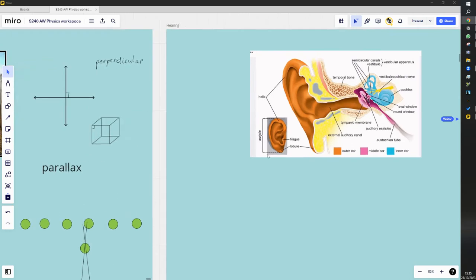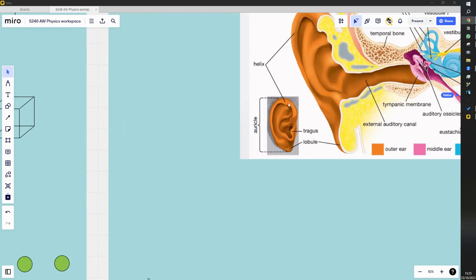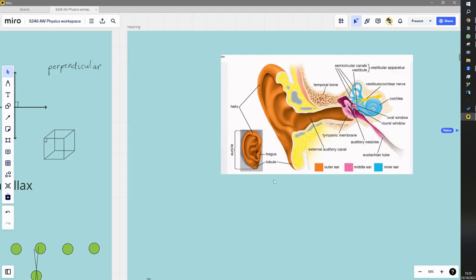So this is obviously the picture of the ear that we're used to, but this is what we can't see. This would be the ear canal, and inside of this ear canal, we've all got one, there is air in there, right? So what is a sound wave?